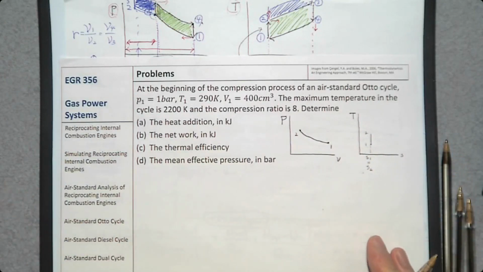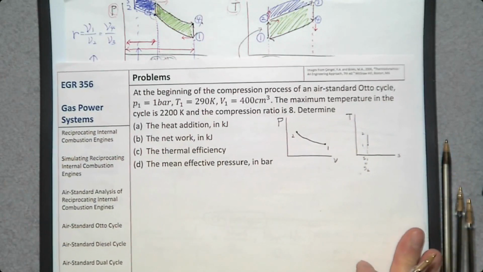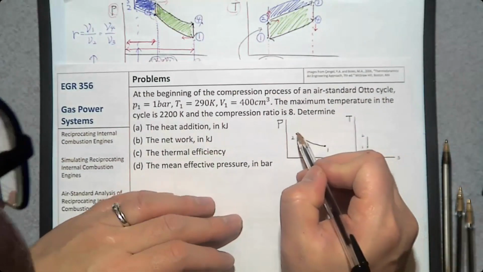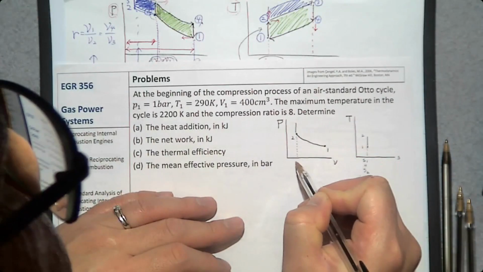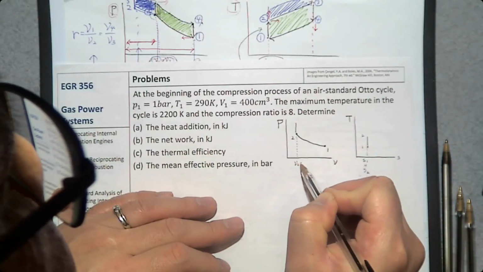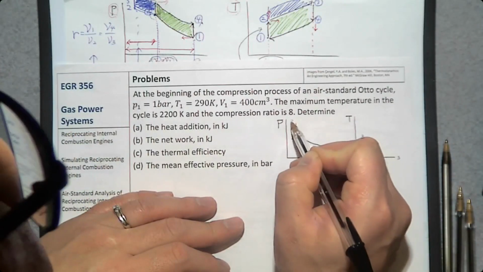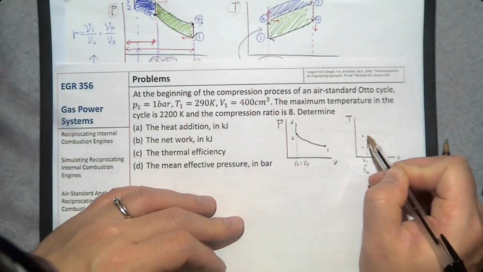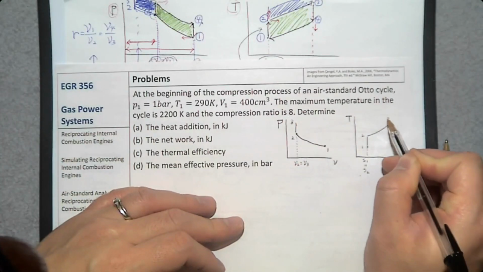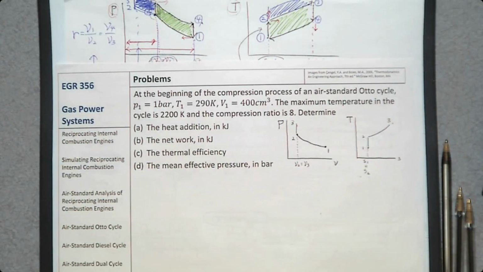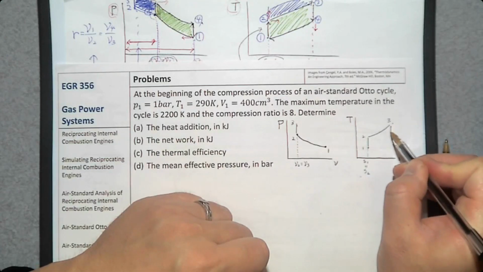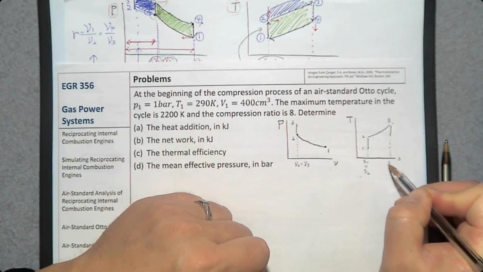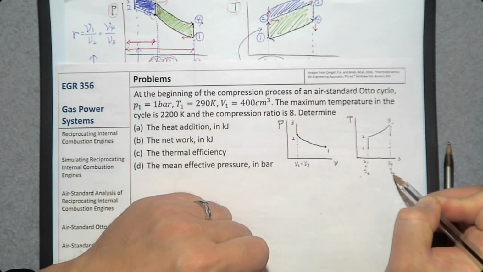And then we have constant volume heat addition. So the volume should be constant, V2 should be the same as V3. So there's number 3. And then isentropic expansion, where entropy remains constant, so S3 is the same as S4.